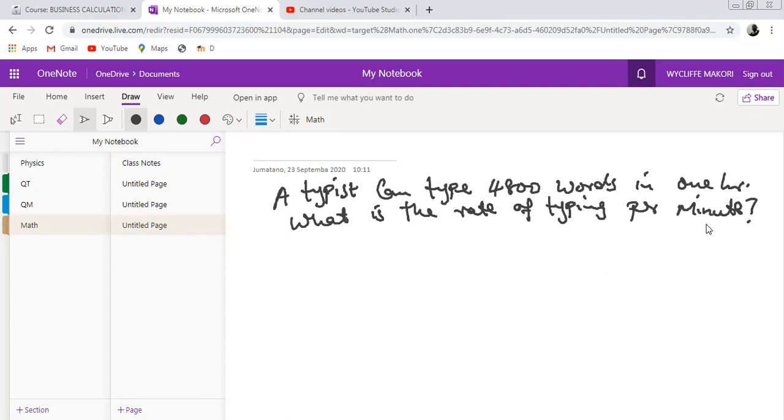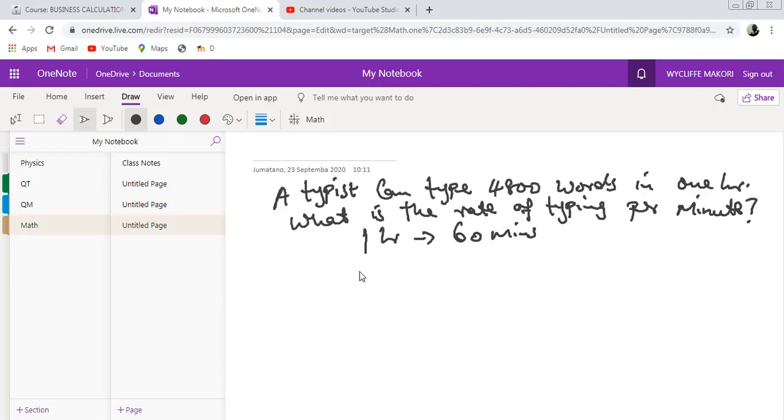One thing you should realize is that here we are talking about an hour, and here about a minute, but we know 1 hour is equivalent to 60 minutes. So this 4,800 is typed in 60 minutes.